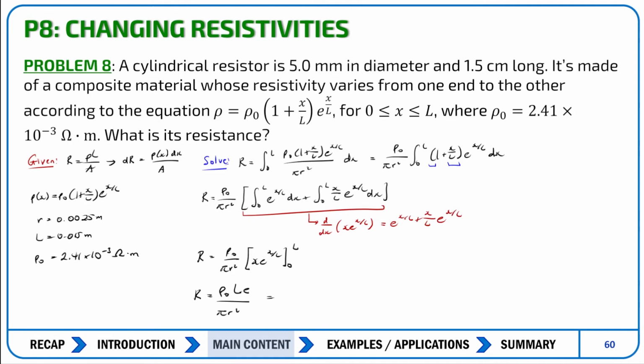And that's going to give me 2.41 times 10 to the negative 3 ohm meters, L is 1.5 centimeters, 0.015 meters, Euler's number e, and then pi times 0.0025 meters squared. And that gives me approximately 5.00 ohms.